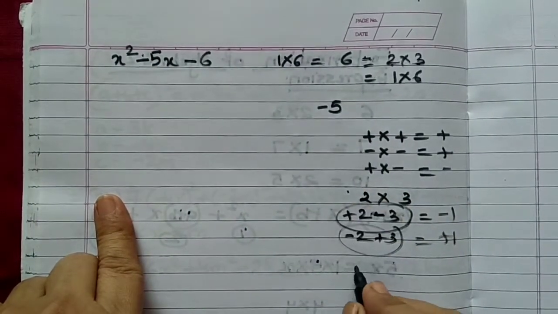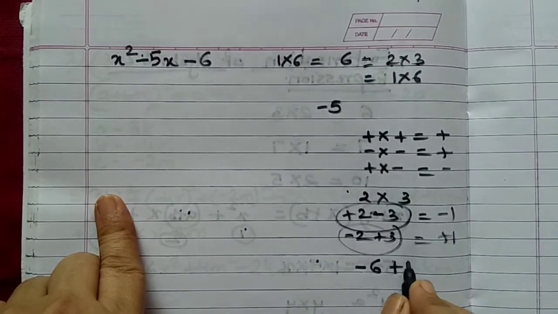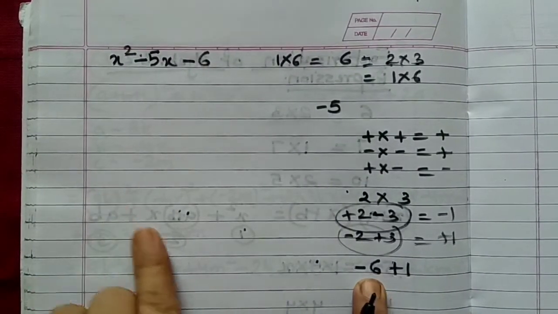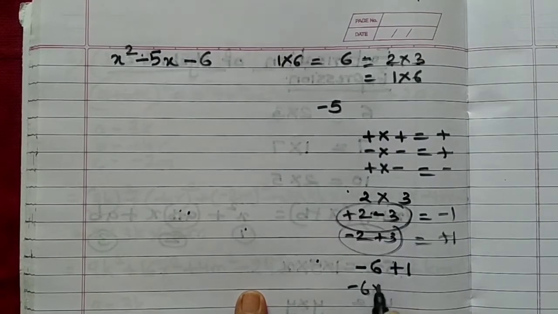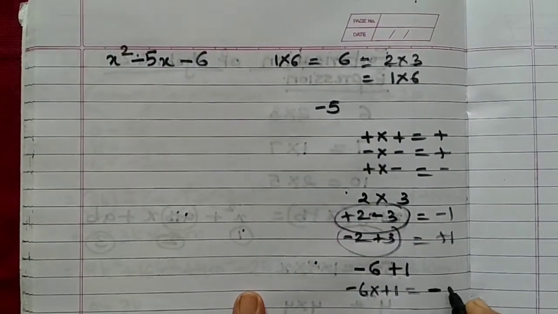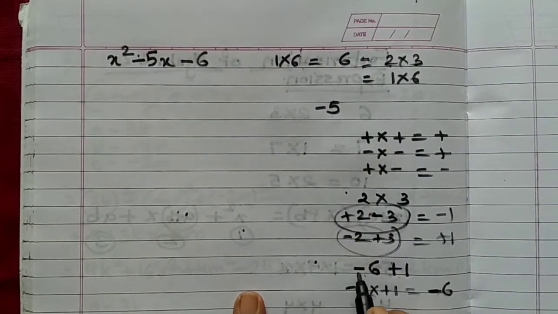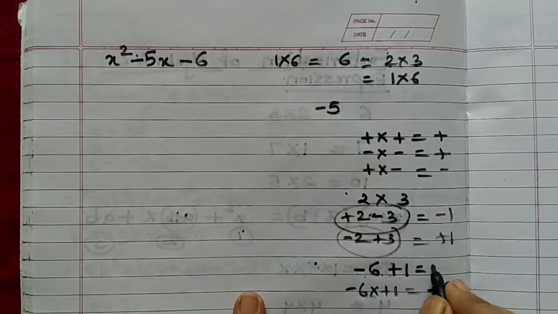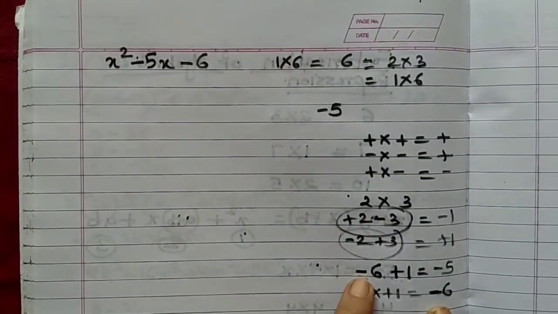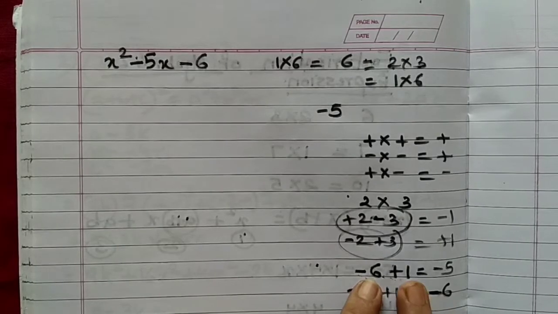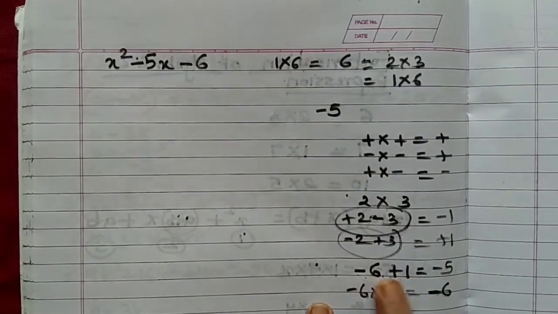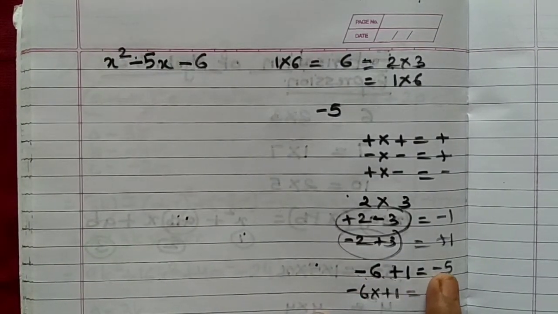So I have to take it as minus 6 and plus 1. When I multiply minus 6 into plus 1, that will give me minus 6. And when I add this minus 6 and plus 1, I will get a minus 5. Because why? The smaller number is subtracted from the bigger number and the sign of the bigger number is given.